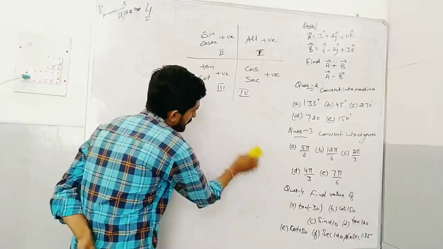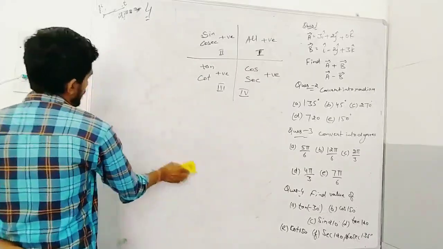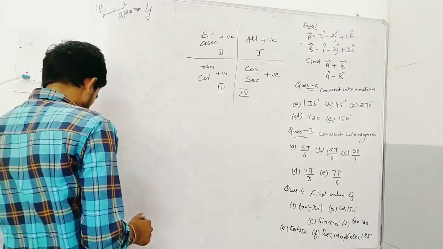Now for the first part we have tan of minus 30. Okay. Remember one thing more.